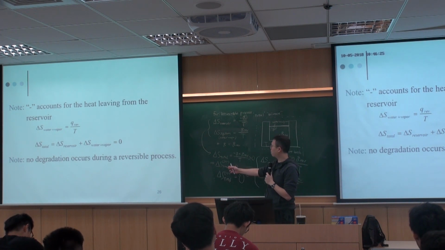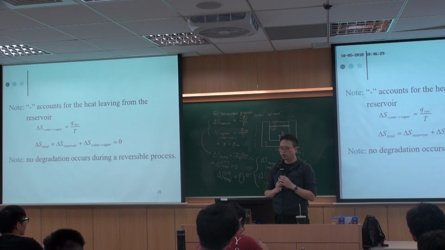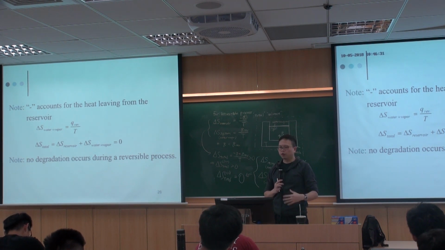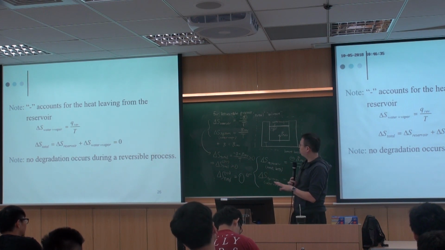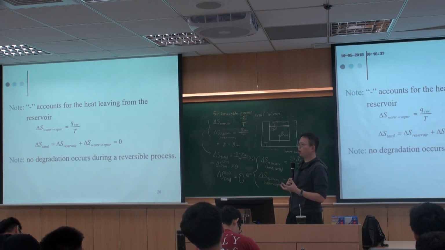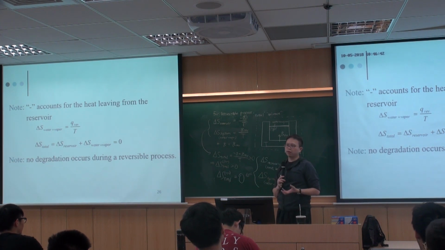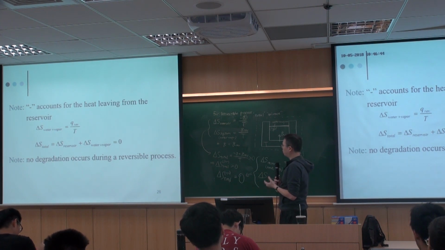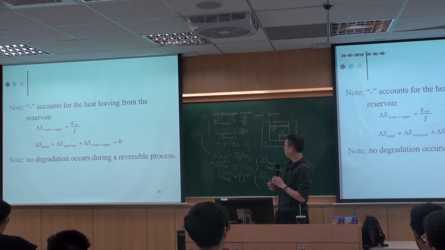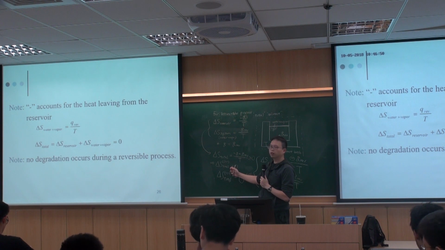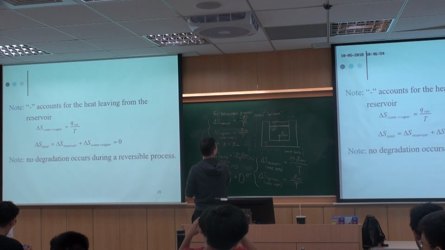However, for an irreversible process, the entropy of the universe increases. So a general statement of the second law is that the entropy of the universe, or of an isolated system, will either be 0 or greater than 0. So it's impossible to have entropy change less than 0. Either it's 0 or it's greater than 0. So this is a general statement for that.